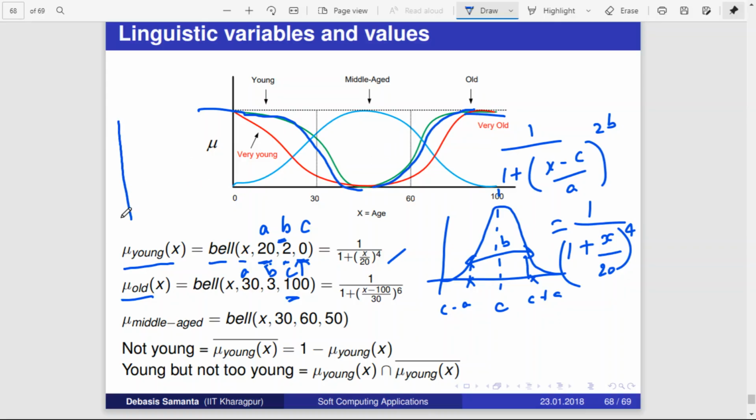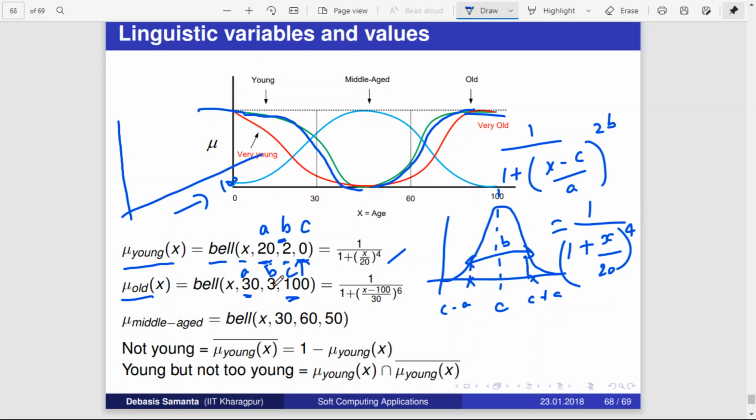If this is the graph and this is x, then 100 may be somewhere here. From there, how much range are we going to consider for old? That is given by this 30, so it is c minus 30 and c plus 30: 100 minus 30, that is 70, up to 100 plus 30.